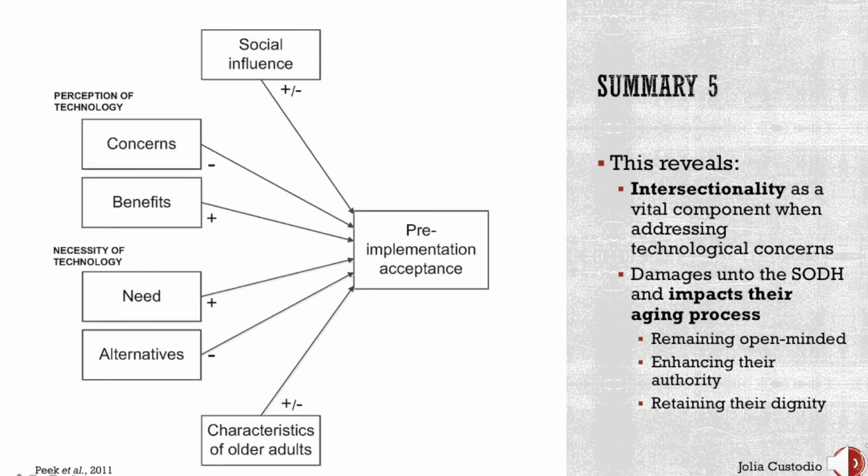Given the structure of the study, Peake et al. emphasize the importance of intersectionality when assessing a senior's technological concerns and how it can be implemented into developing a more positive relationship with technology.